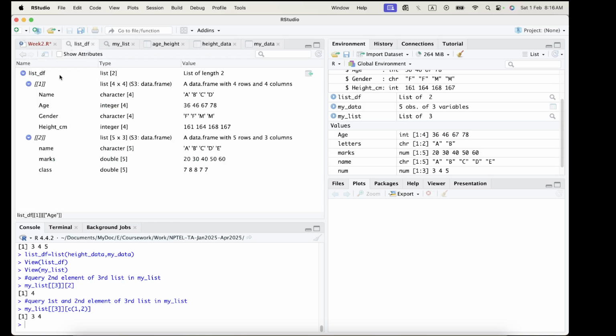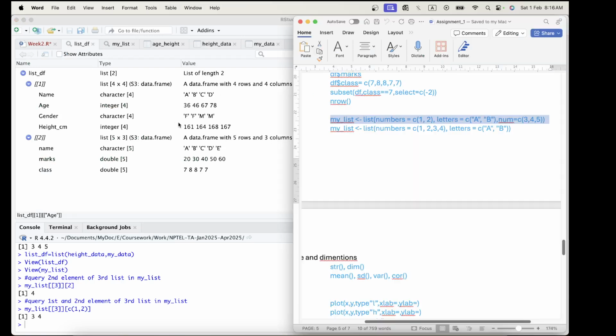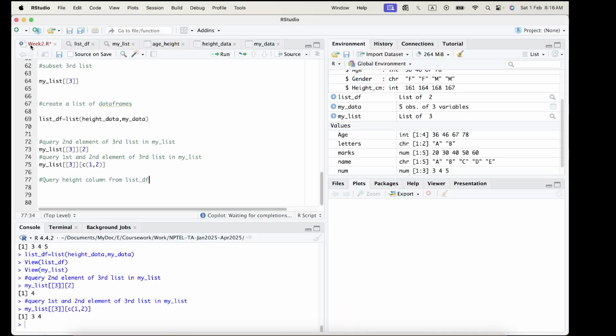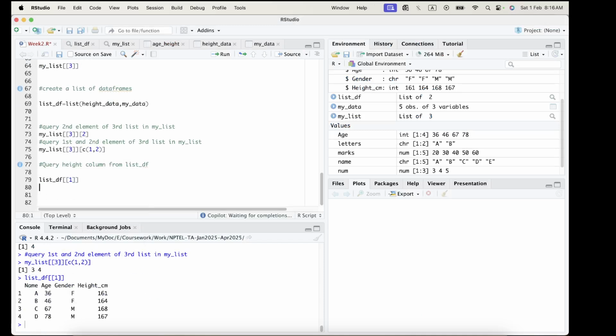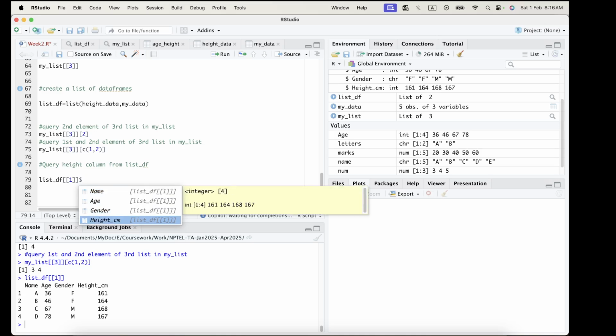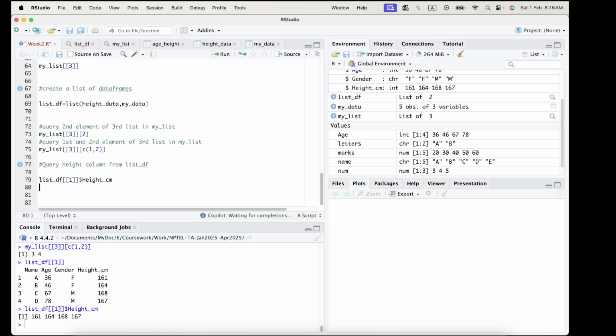First I have to select the height data frame, so we'll go sequentially. So list df double brace 1 is going to give me the height data frame. Now I want to query the height column, so I'm going to write dollar and height cm. So this is giving me the required column that I want.